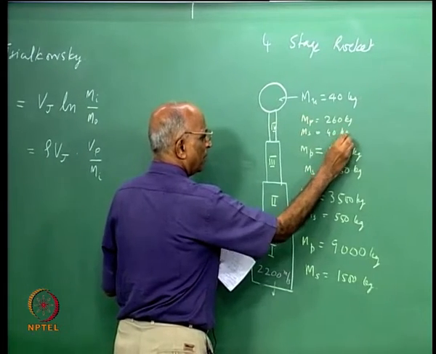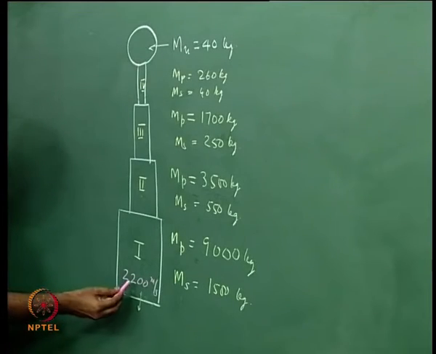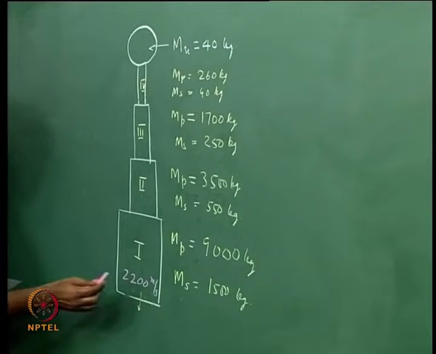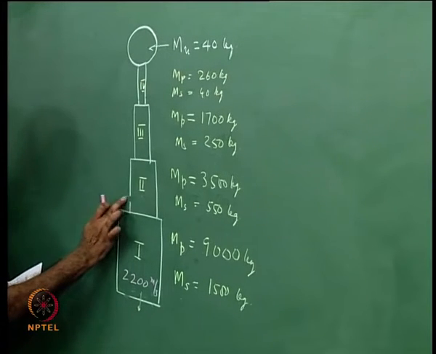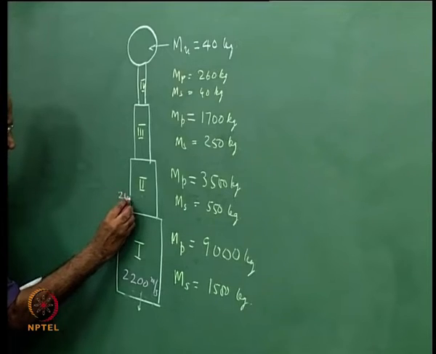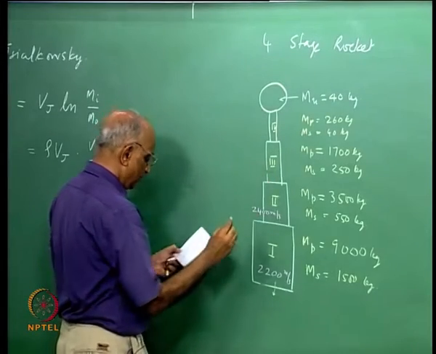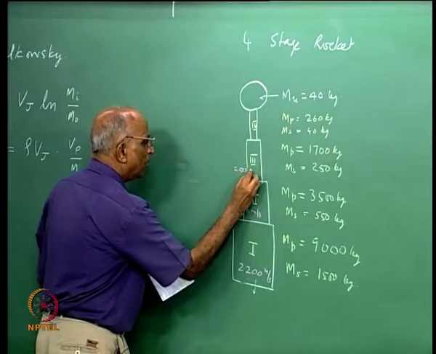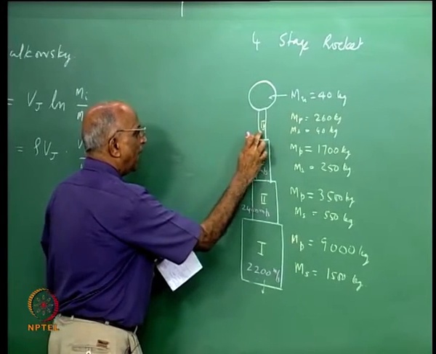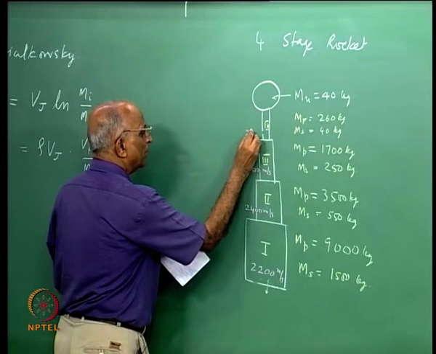Just like I said that the jet velocity of the first stage is 2200, the jet velocity of the second stage is slightly higher at 2400 meters per second. Of the third stage it is 2500 meters per second, and for the fourth stage the jet velocity is 2750 meters per second.